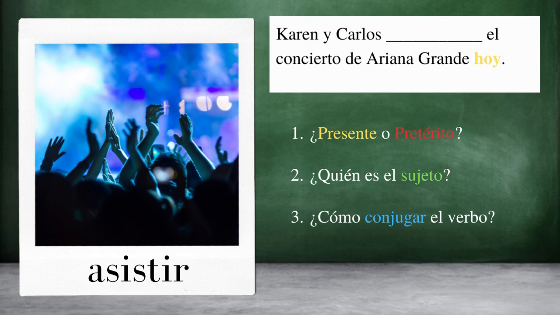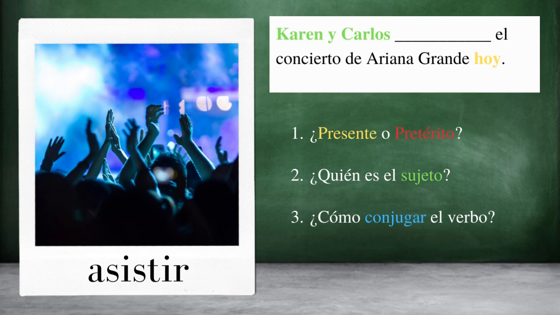Our second question, ¿Quién es el sujeto? Who is the subject in this sentence? Karen y Carlos. Excelente. So because we're talking about Karen and Carlos, we replace that with the subject pronoun they. They attend the concert today.